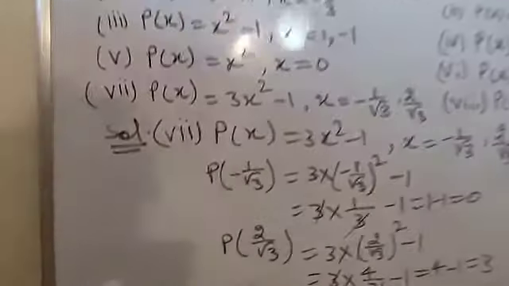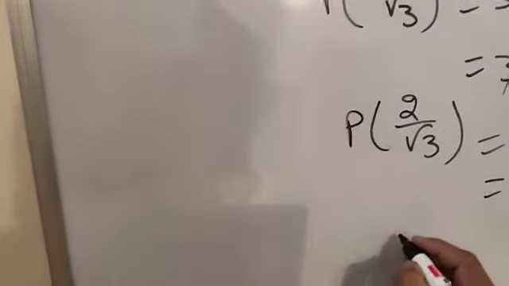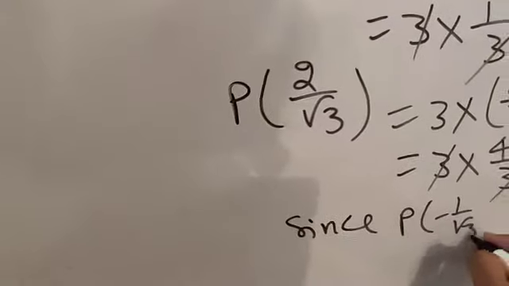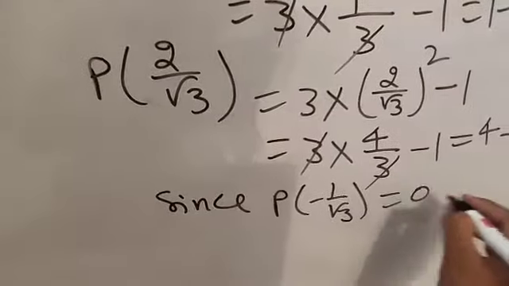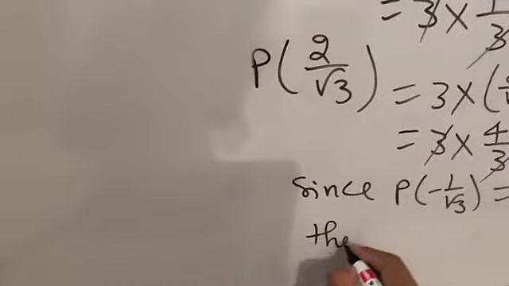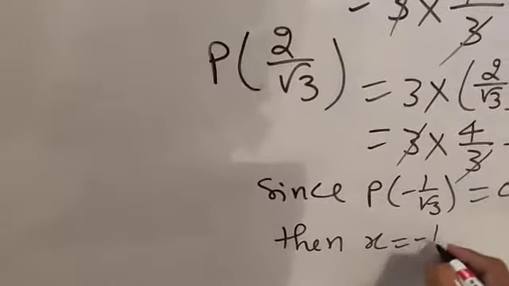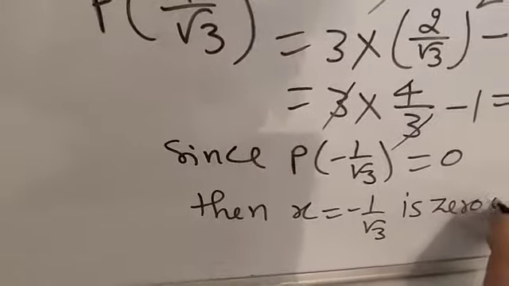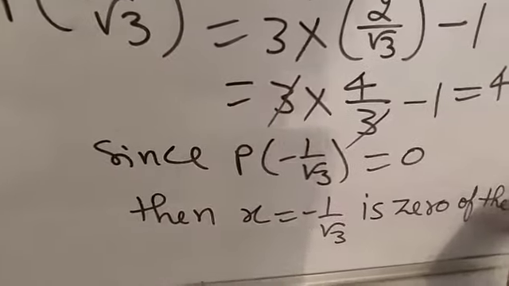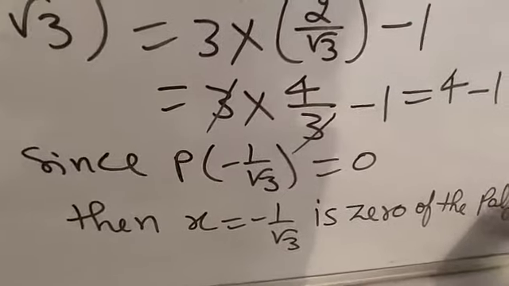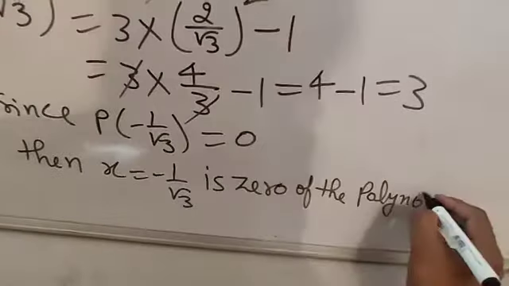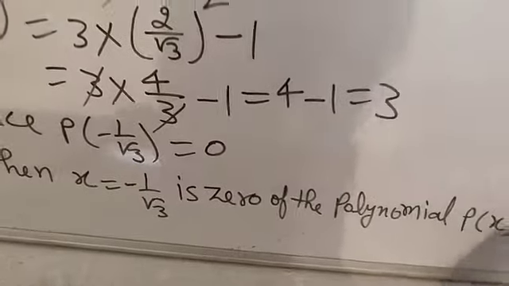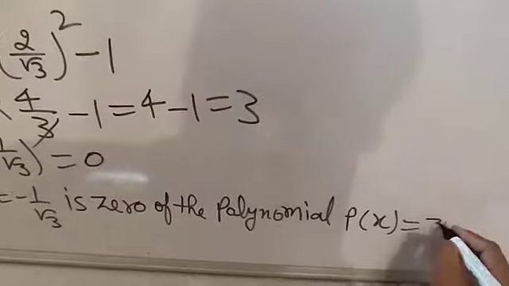So here you can say that since p(-1 by root 3) equal to 0, then x equal to -1 by root 3 is the zero of the polynomial p(x) equal to 3x square minus 1.